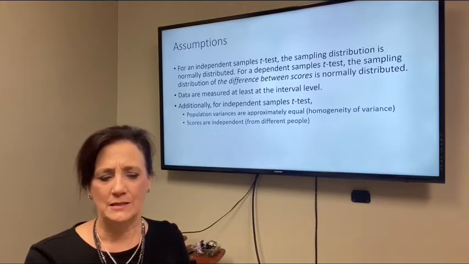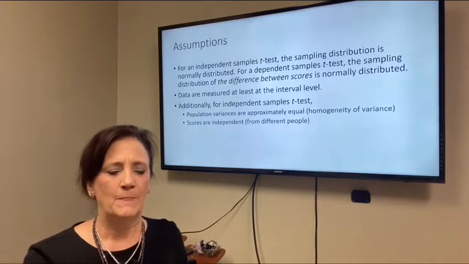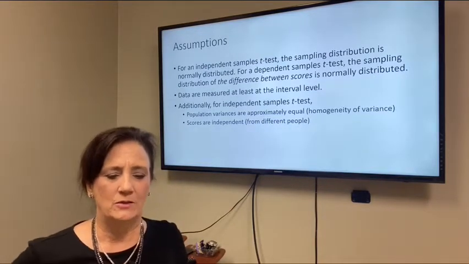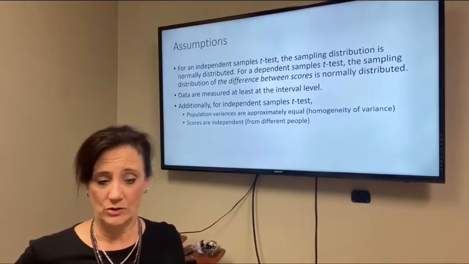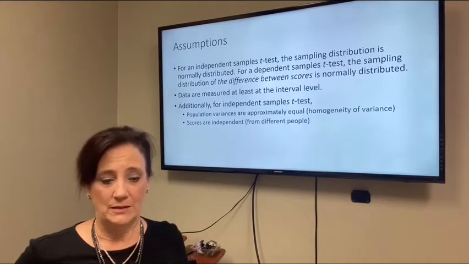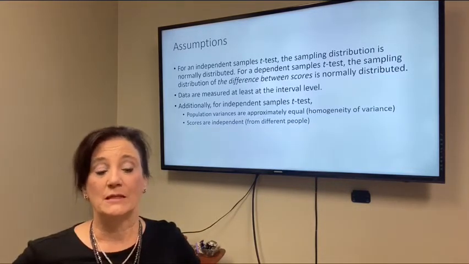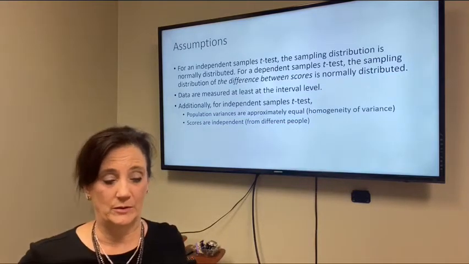If you're doing an independent samples t-test, you do have some assumptions that you need to consider. For instance, you need a normally distributed sampling distribution. If you are using a dependent samples t-test, the sampling distribution of the difference between the scores needs to be normally distributed.